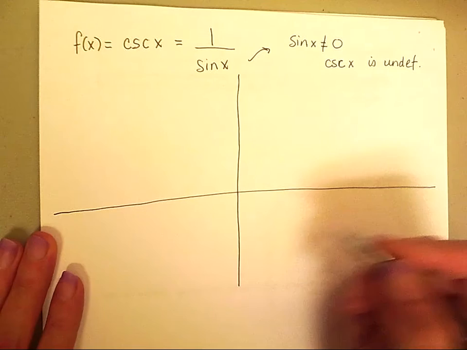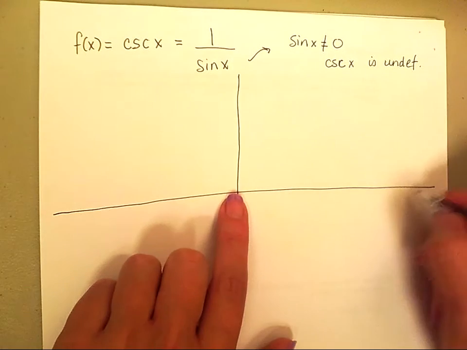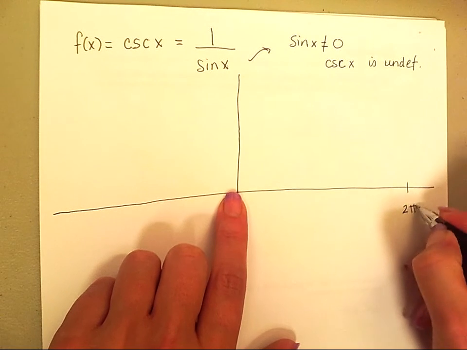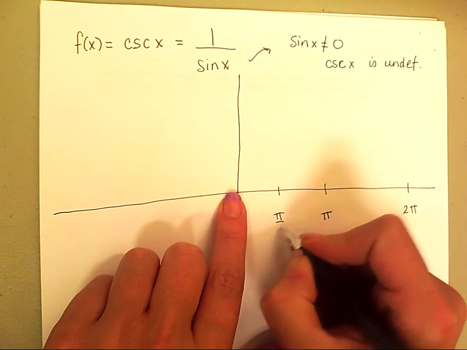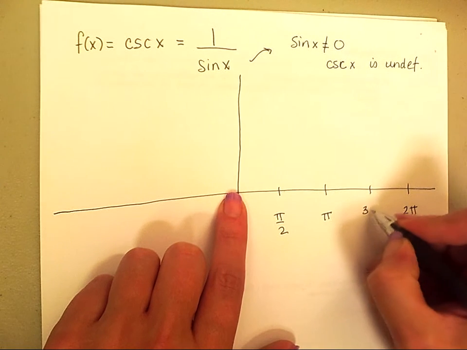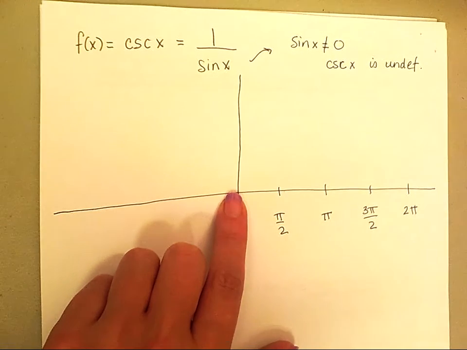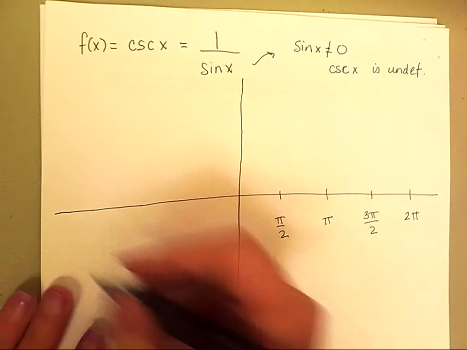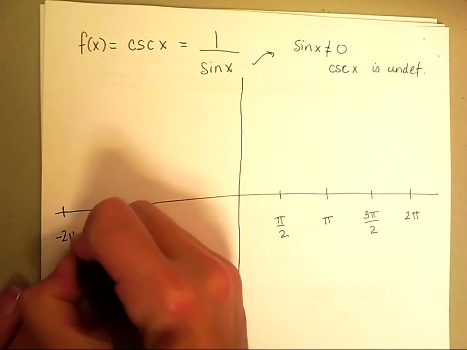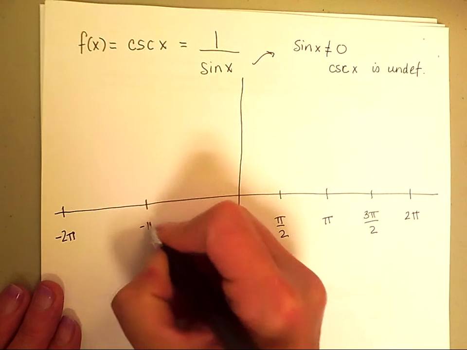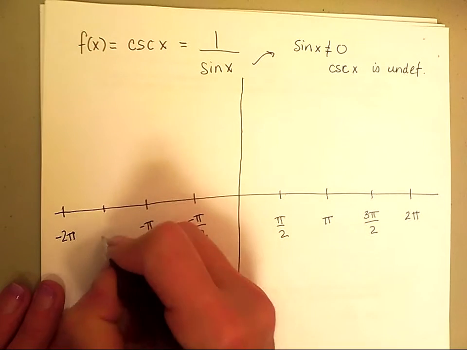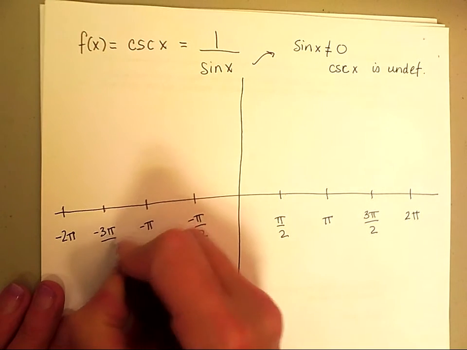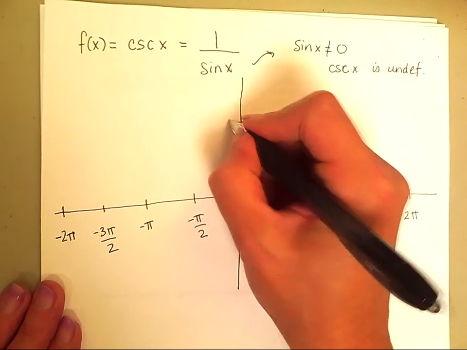And we'll do 2 cycles just as we did last time. One in the positive direction, so I'll pick some value out to here, and then half of that, and then half of that. And this one's 3 pi over 2. And then one in the negative direction, so this is -2 pi. Half of that's -pi. Half of that's -pi over 2. Half of that's -3 pi over 2.